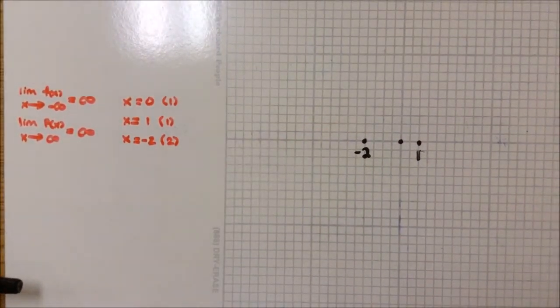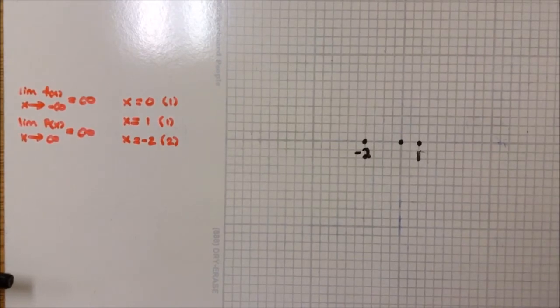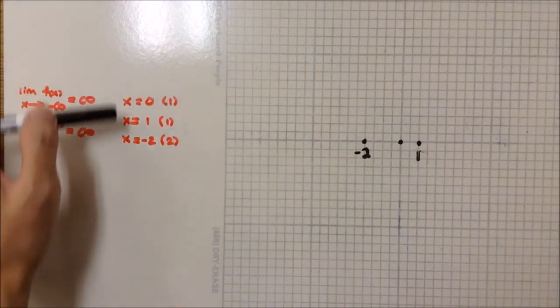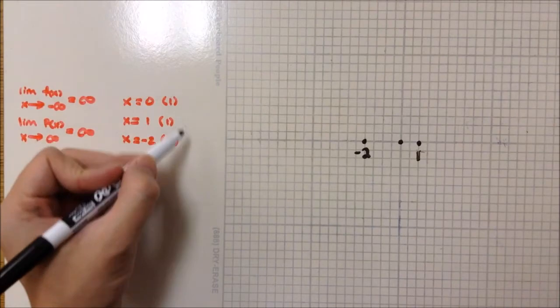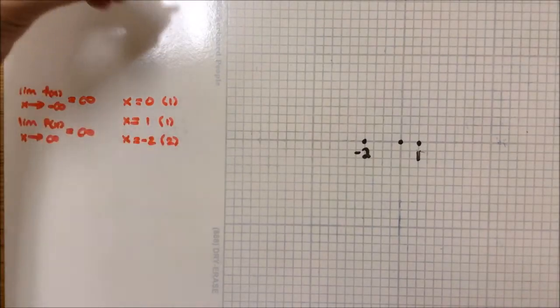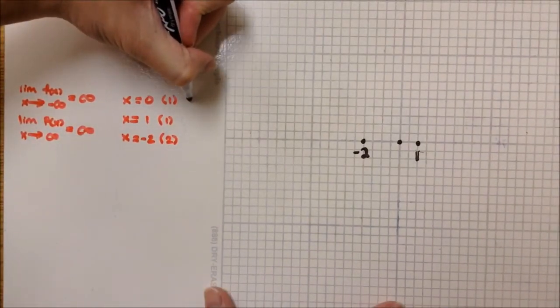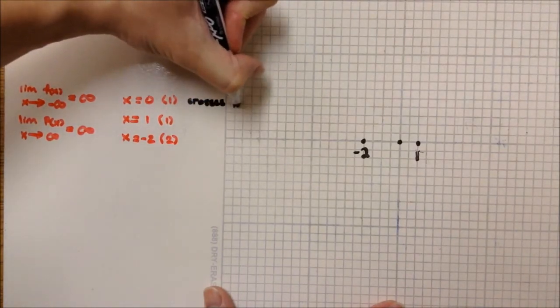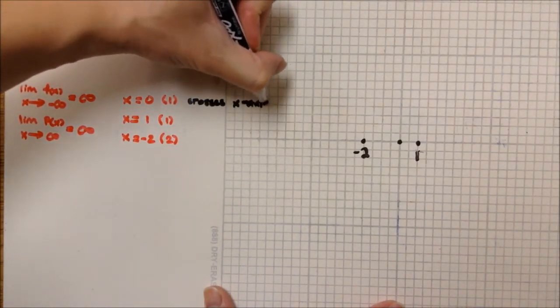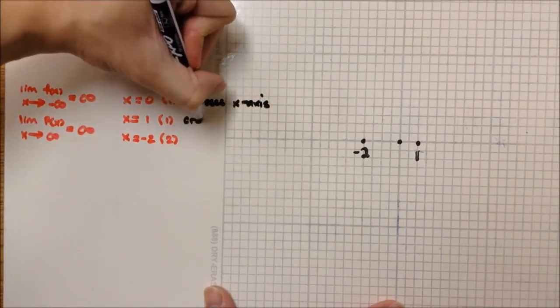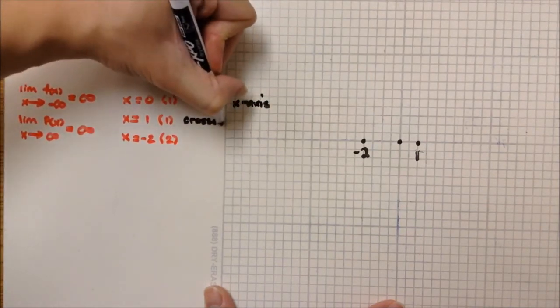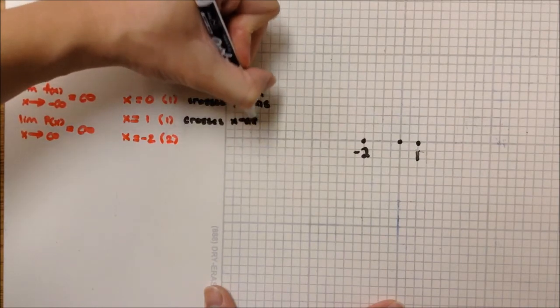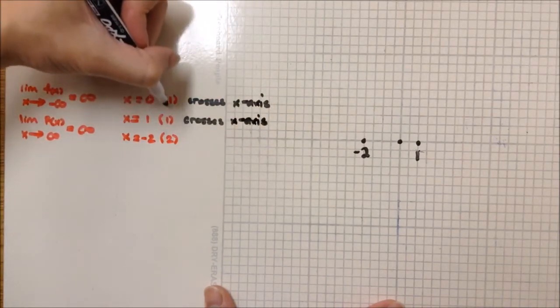Now this is the part where we have to look at the type of graph when it comes to these zeros here. So over here, I'm going to write crosses x-axis, crosses x-axis, because it's an odd multiplicity.